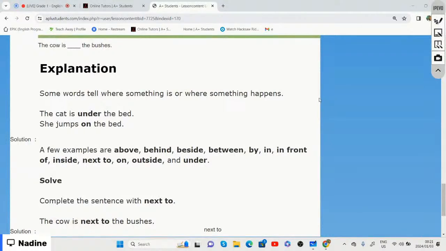And if we look at a few examples of prepositions, they are above, behind, beside, between, by, in front of, inside, next to, on, outside, and under. Those are a few examples of our prepositions. And it tells us either where something is or where something happens.